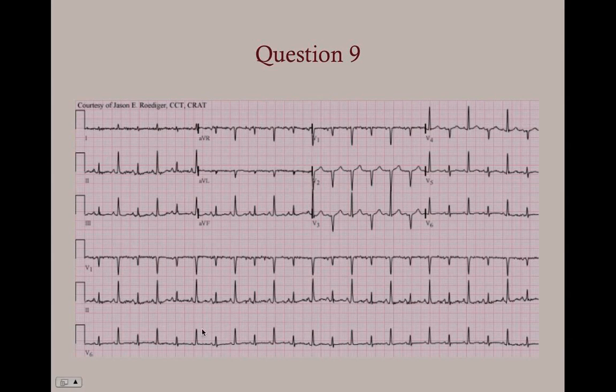If it tells you that you're getting it from EMS, just make sure you look for your P wave, your QRS, and your T wave. It's common to have these little artifact things on your EKG, particularly if it comes from EMS.